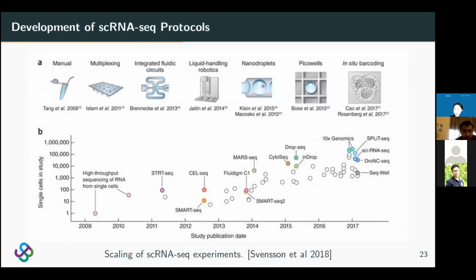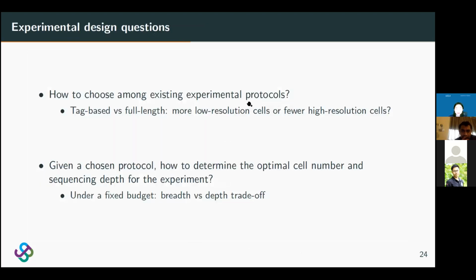If you're only interested in counting genes in a cell, then you need to decide which protocol you want to use, right? So I think the protocol choice is part of the experimental design. And also, given the protocol, how would you determine the number of cells to sequence and the total sequencing depth?